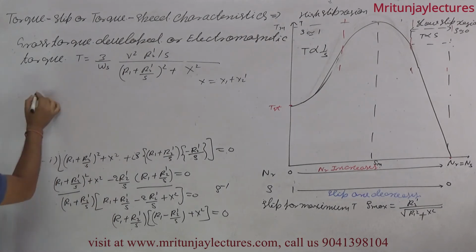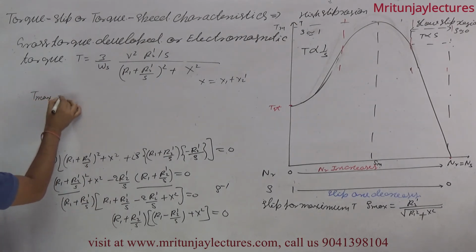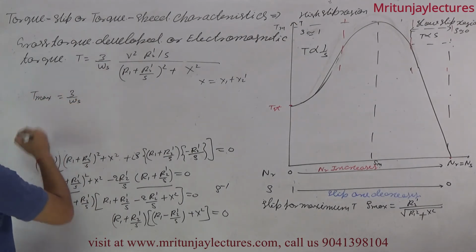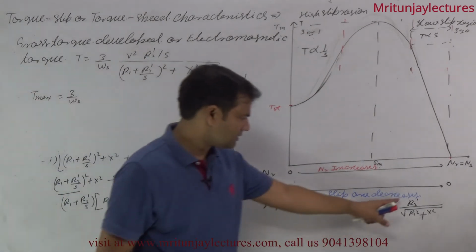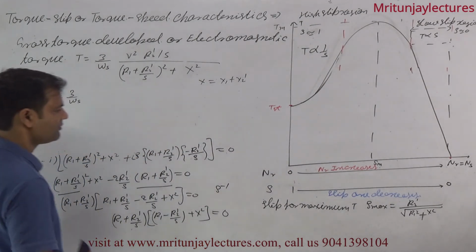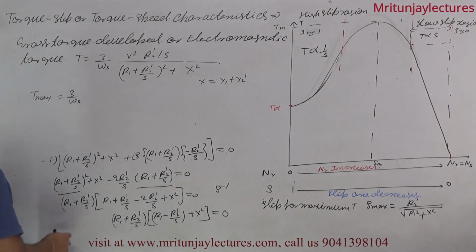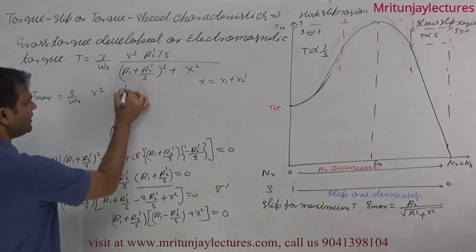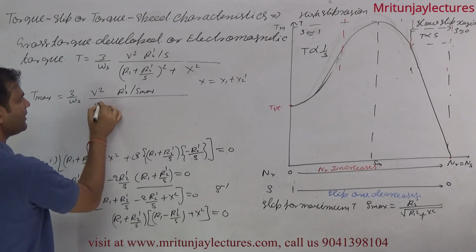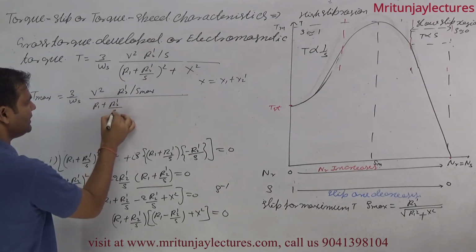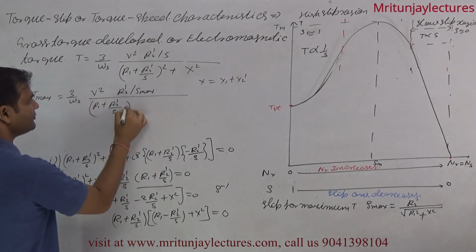Now what about Tmax? Tmax is equal to 3 upon omega s in terms of r2'/√(r1 + x²). It is written as (r2'/sm) divided by ((r1 + r2'/sm)² + x²).